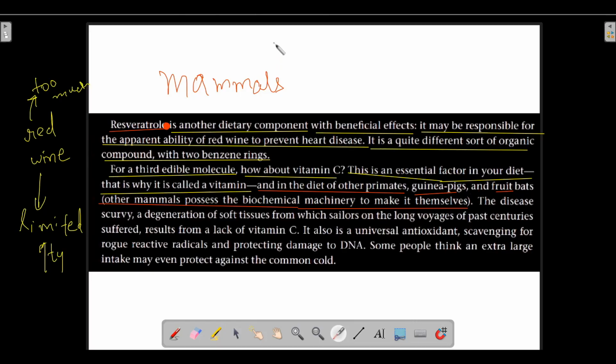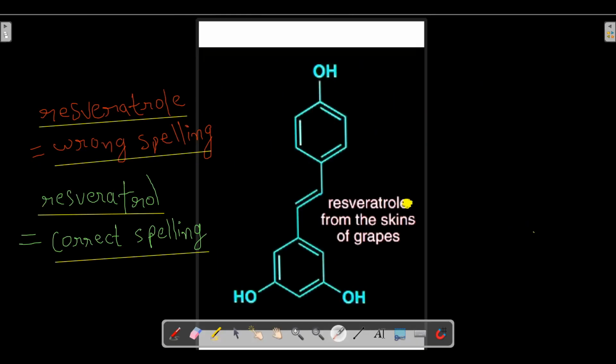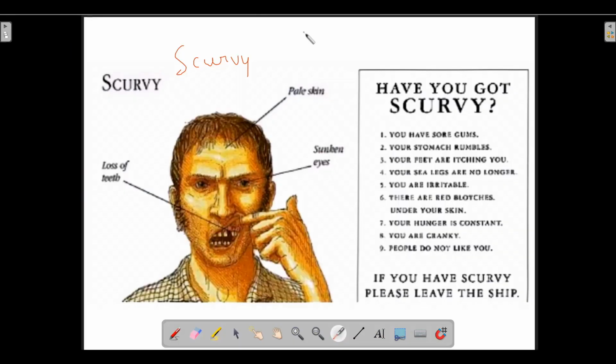Now it is talking about the disease scurvy. Let me tell you what scurvy is. This is how a scurvy person looks. There are some symptoms of scurvy.